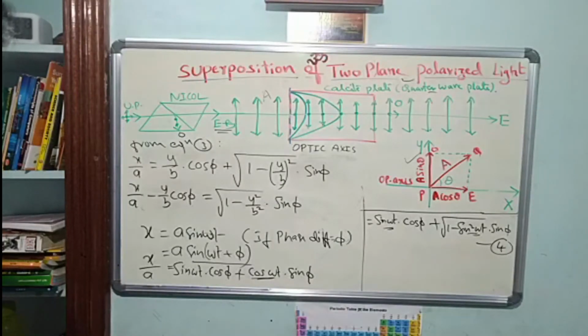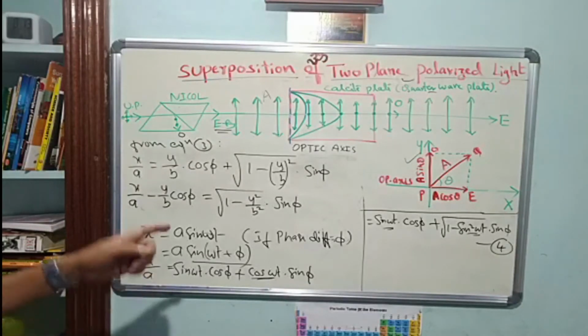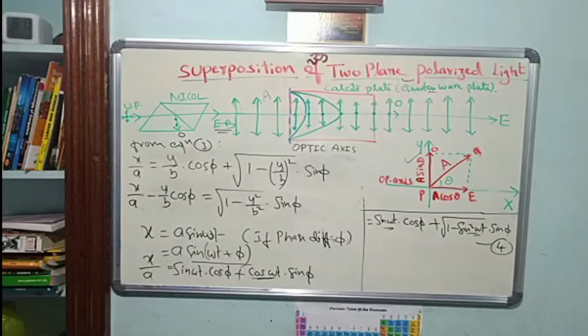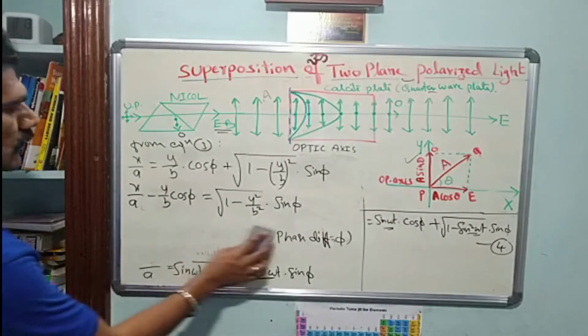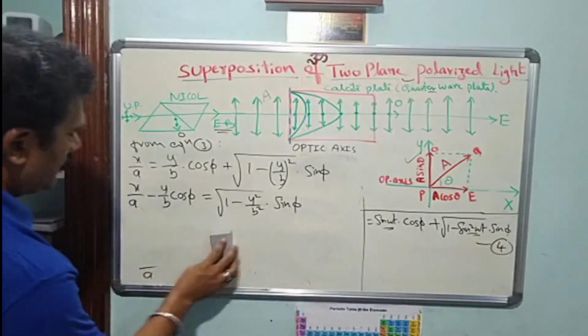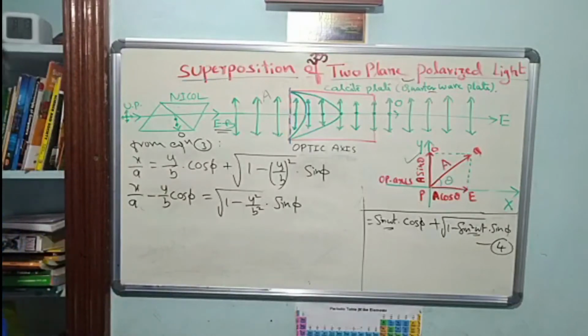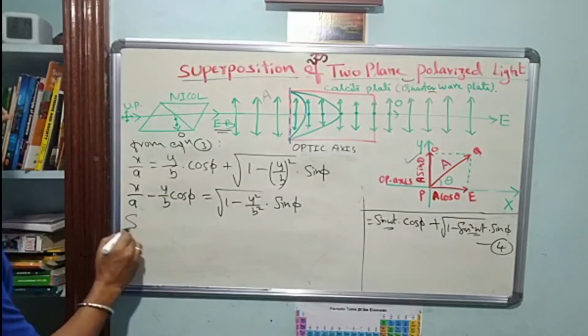Okay, then how to simplify it further? I want to eliminate the square root. If you want to eliminate the square root, you have to square on both sides, isn't it? Squaring on both sides.